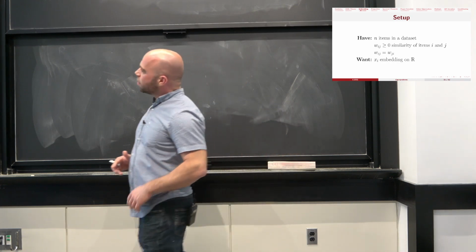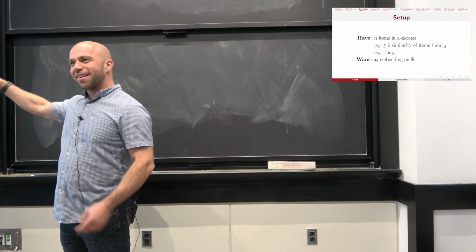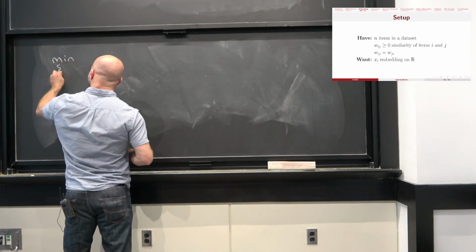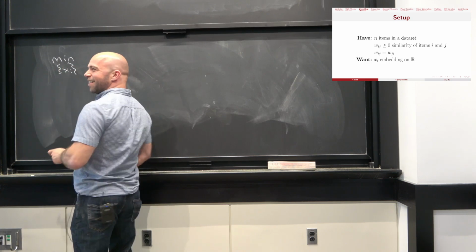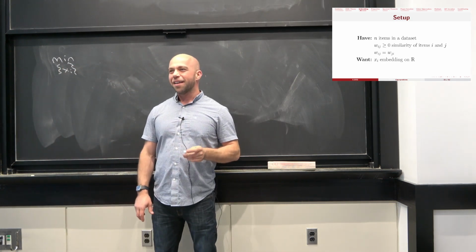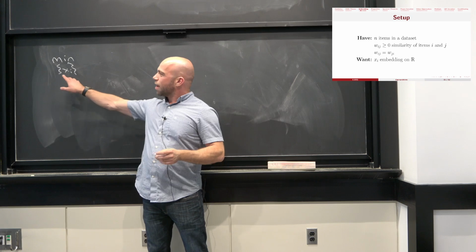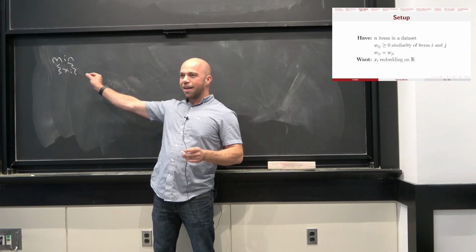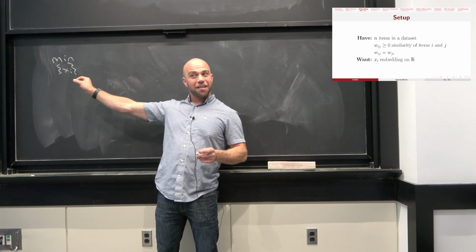Well, so our unknown is a bunch of numbers x_i. And again, we have a bunch of values j, and what do we want? We want x_i minus x_j to be small when w_ij is large.